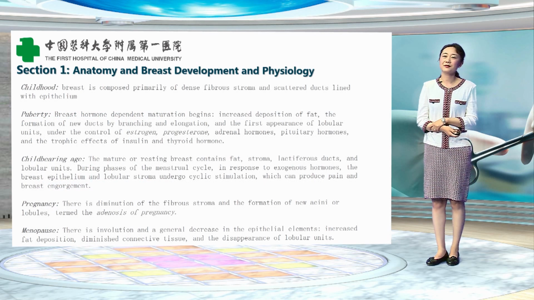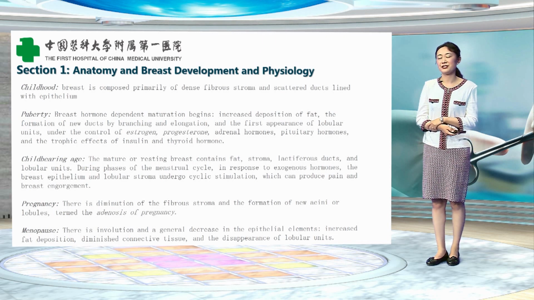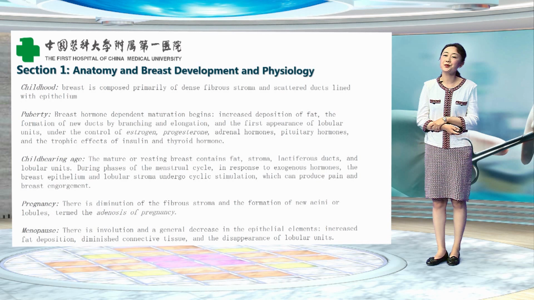Next I will introduce the physiology and development of the breast. The first period is childhood. In this period, the breast is composed primarily of dense fibrostroma and has no function. The second period is puberty.